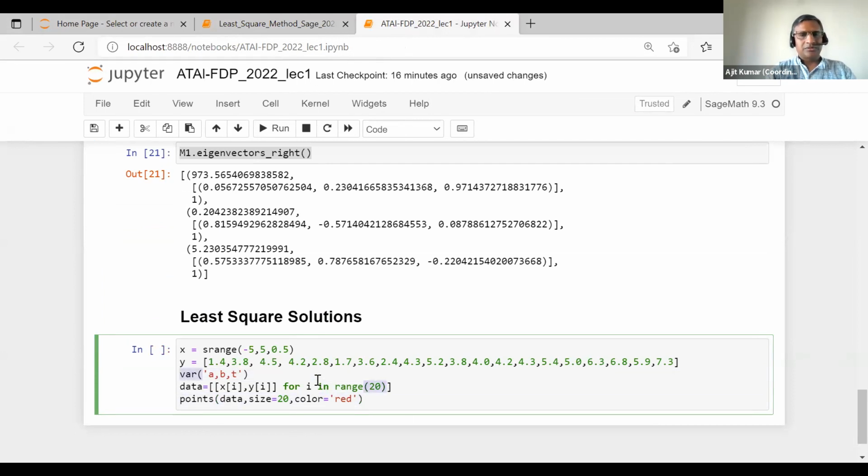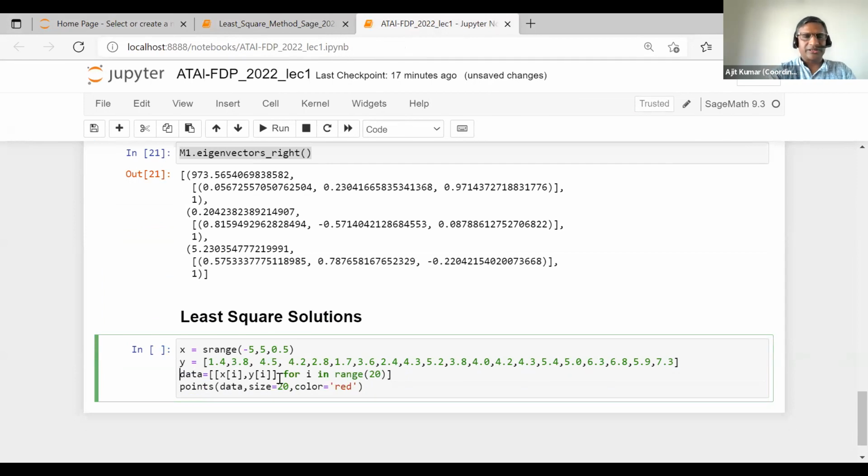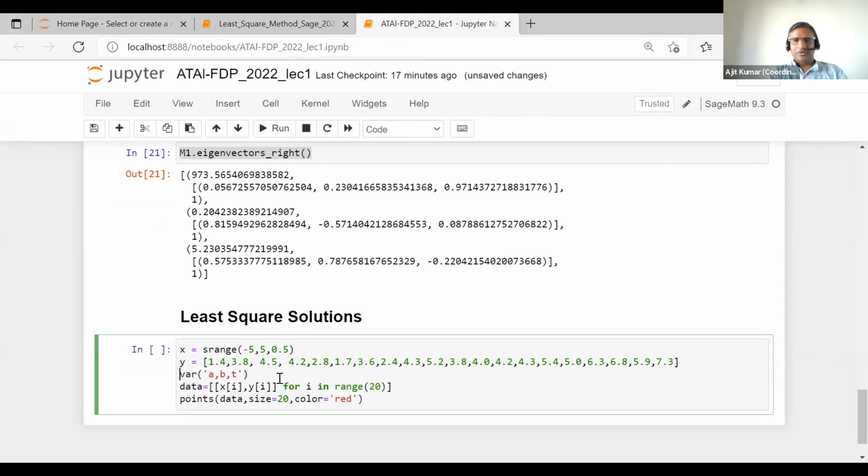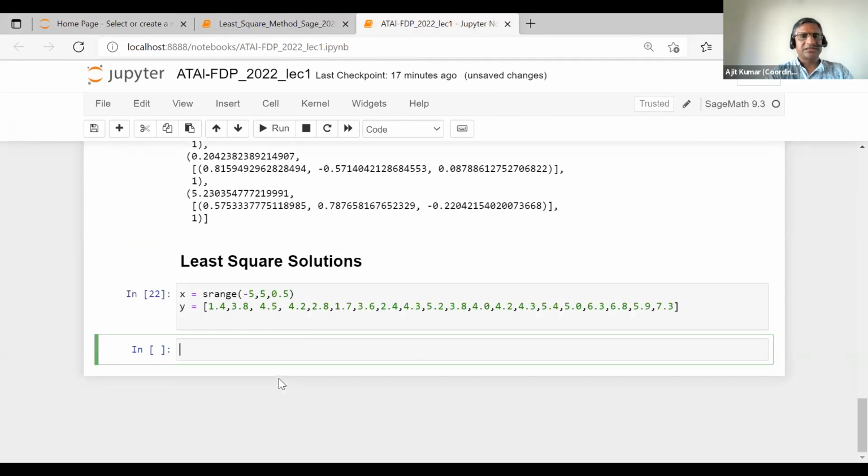Let us take some set of points. So these are my points.